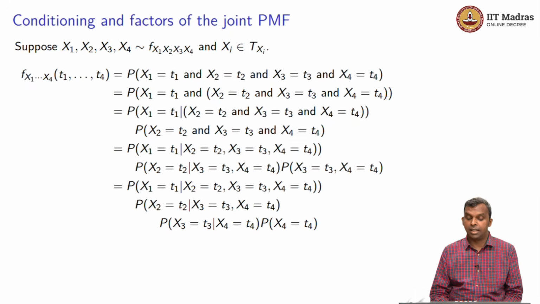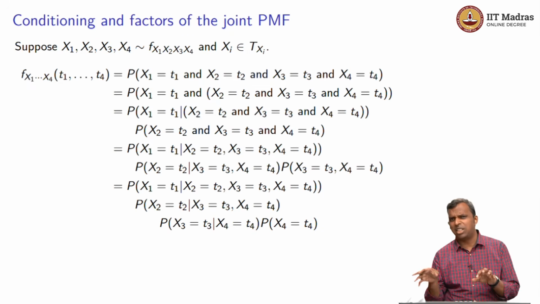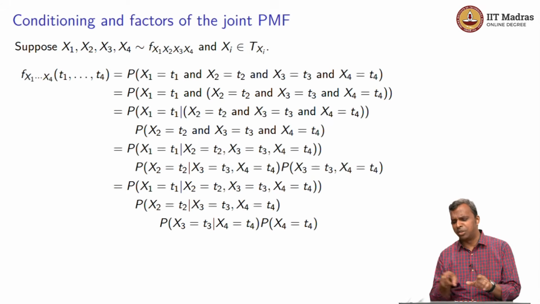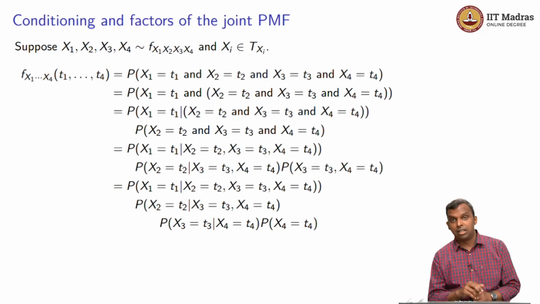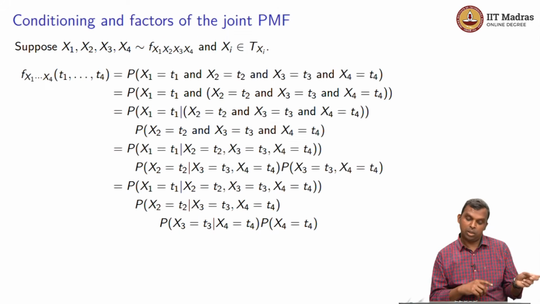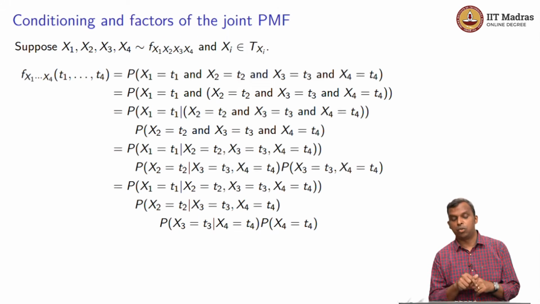Maybe it's better to read it in reverse: the marginal of x4 equals T4, then x3 equals T3 given x4 equals T4, and x2 equals T2 given x3 equals T3, x4 equals T4, and then x1 equals T1 given all of them.